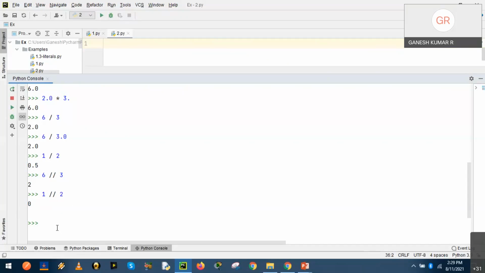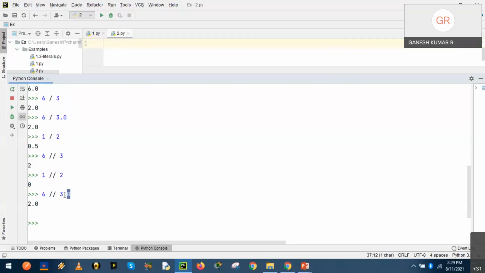Yes. So introduce 6 double slash 3.0. It is a deliberate attempt to get the output in the form of float, even though the operation involves integer division. If we like to have the output as a floating point, then we can introduce it deliberately.